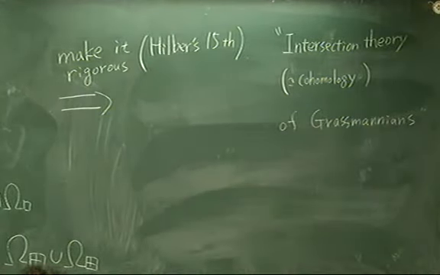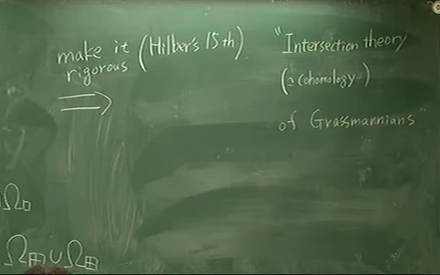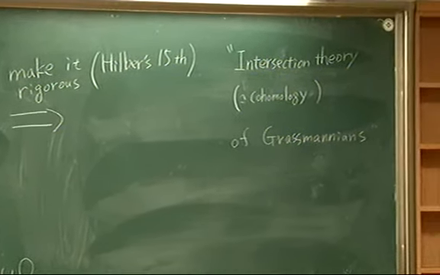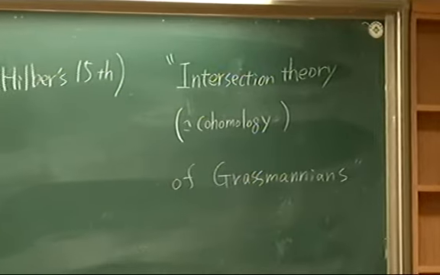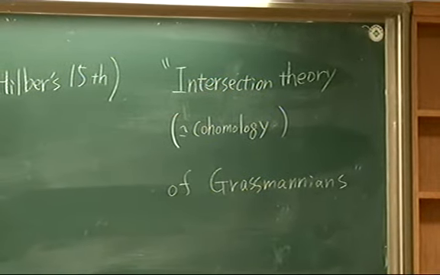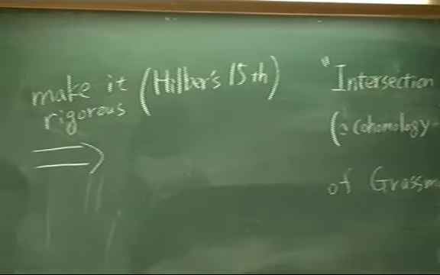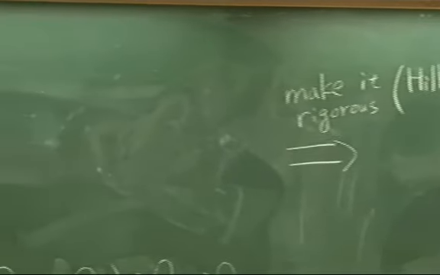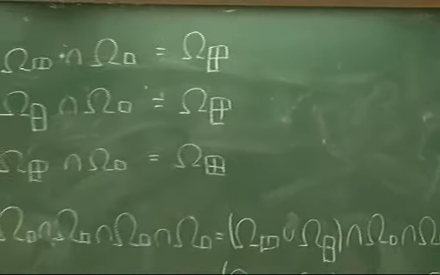What was Schubert's 15th problem? It's difficult. But okay. So there are two problems in Hilbert's 15th problem. The first one is to give a rigorous foundation for the argument of Schubert.